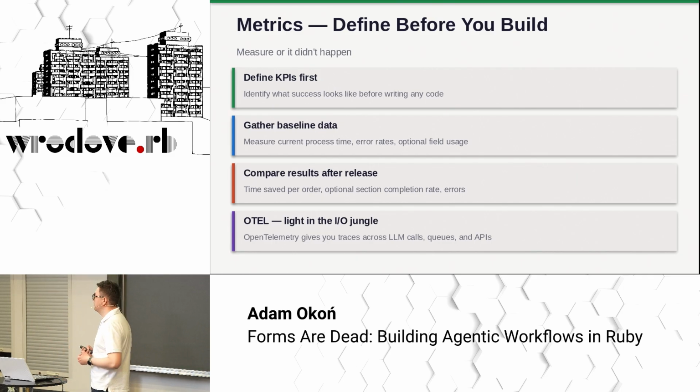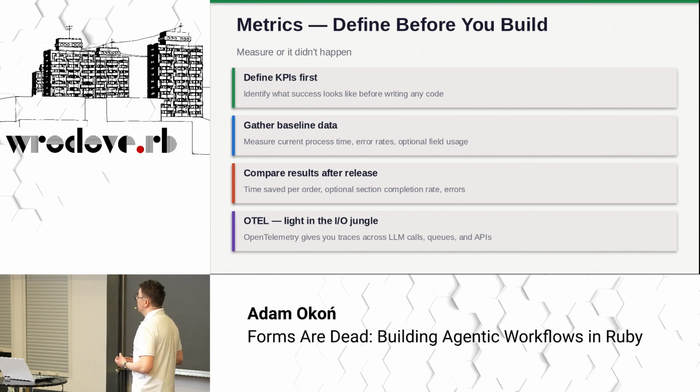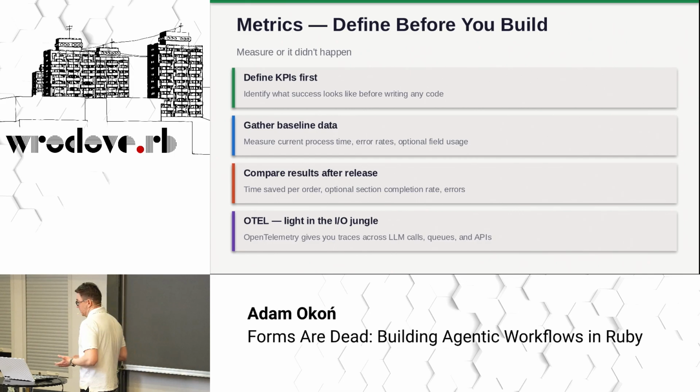Before we do something, let's first gather metrics, because this is something that provides us info on whether a specific item makes sense to build. The most common thing you can pick is just the time of the operation, right? How long the specific process takes. Then get the baseline.